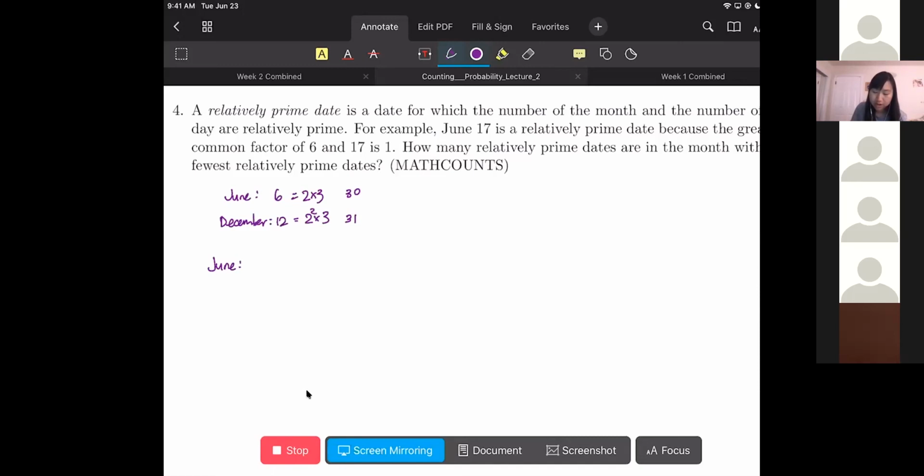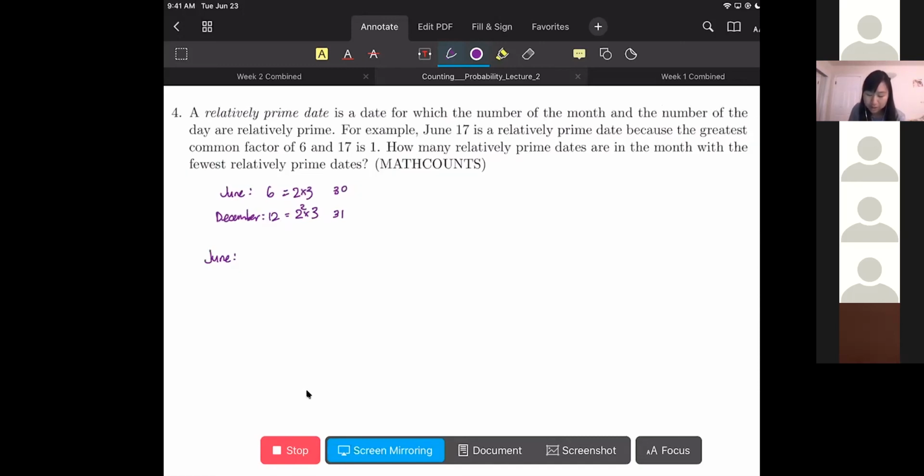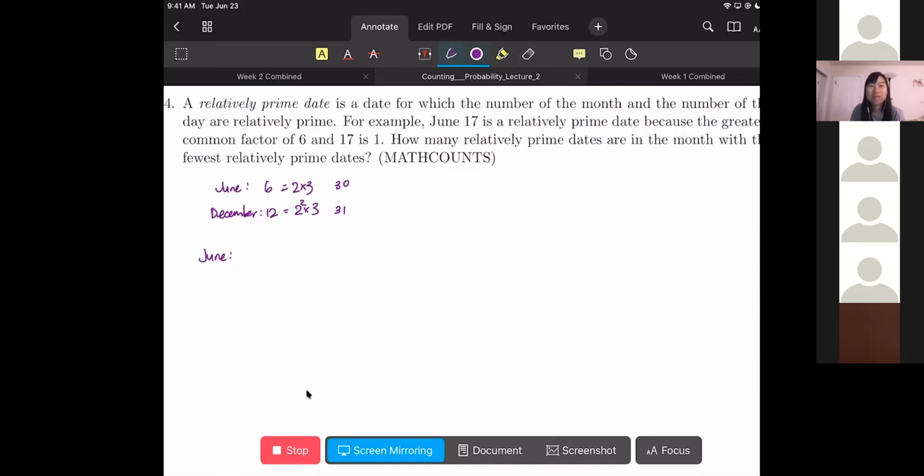let's try to count how many relatively prime dates are in the month of June. So how might we do this? Well, we could start by excluding the multiples of 6 in the month of June. That way we know they won't give us relatively prime, because when you add a multiple of 6 to 6, it's going to give you another multiple of 6. That's true. So let's see if we could break this down systematically.